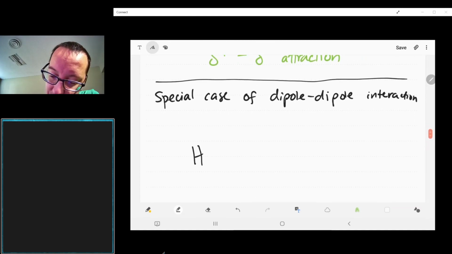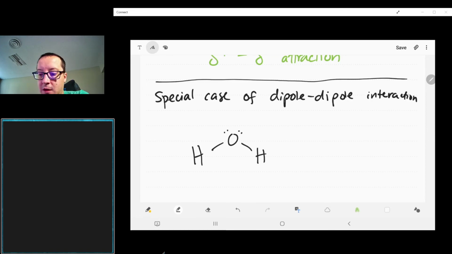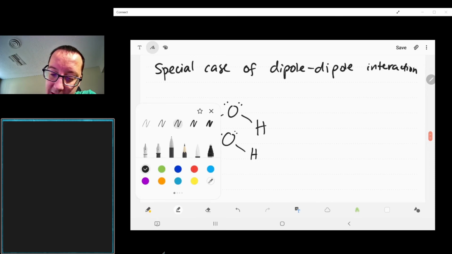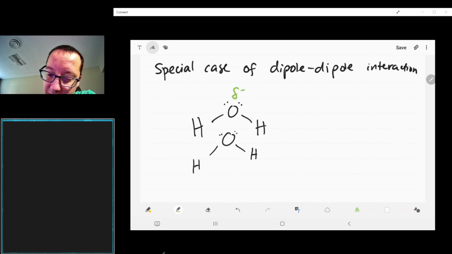So, if we take our absolute favorite molecule, water, and we can bring it with another water molecule, perhaps. Understanding again that the oxygen being more electronegative is going to be our negative part of this. And our hydrogens are going to be the positive part of this. And then we kind of have the same idea here for these. And we can see we can have this kind of very nice interaction happening.